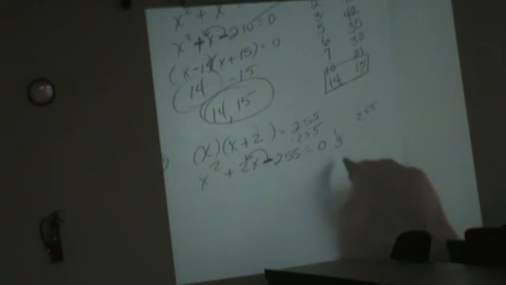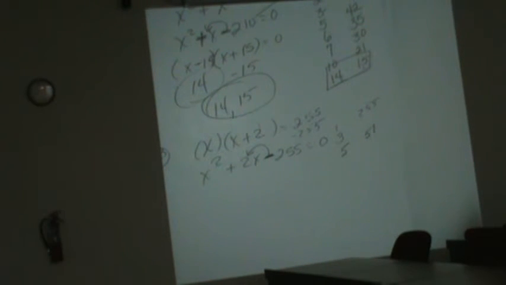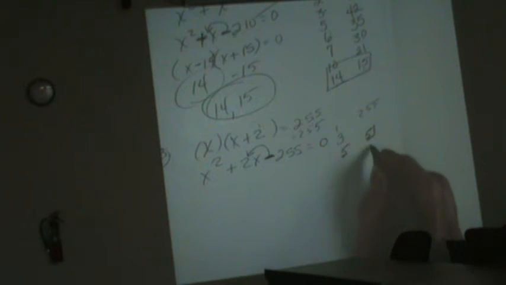3 will go into it, but we know that's going to be way too big, right? 5 will go into it 51 times. I believe 17 goes into 51, so it's got to go into it. We know 15 and 17. 15 and 17, so 17 does go into it.